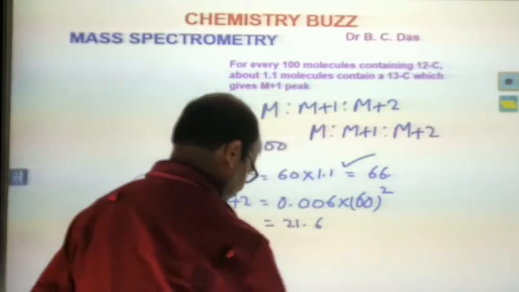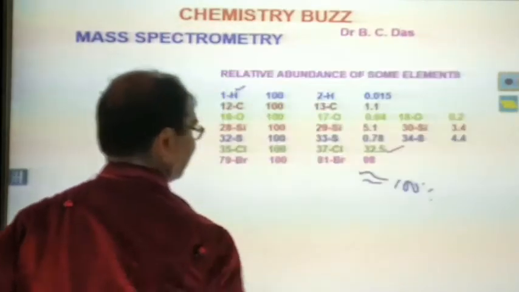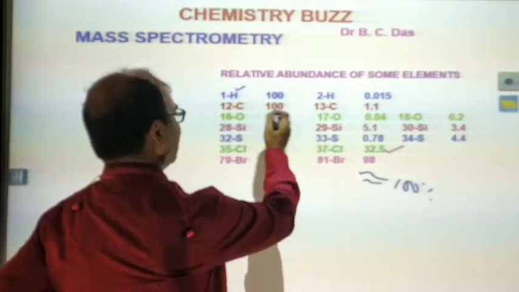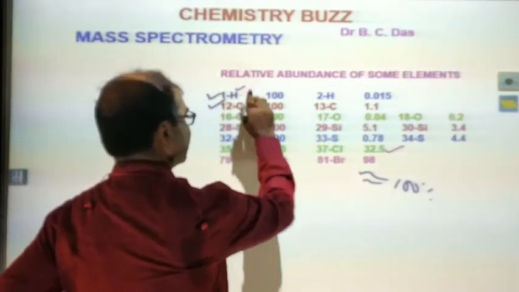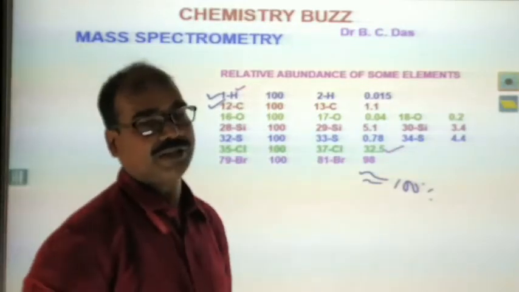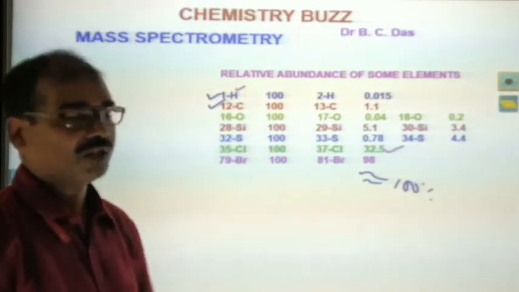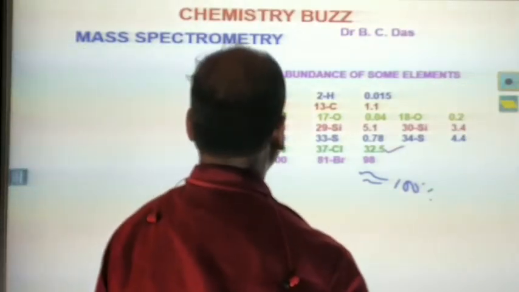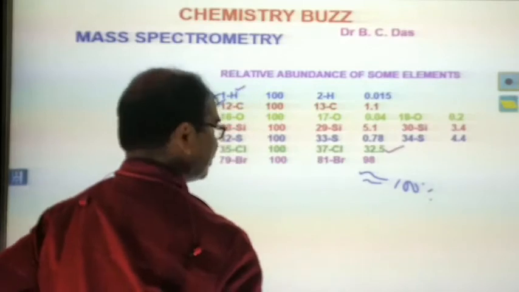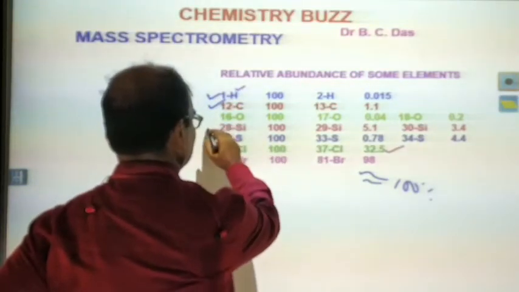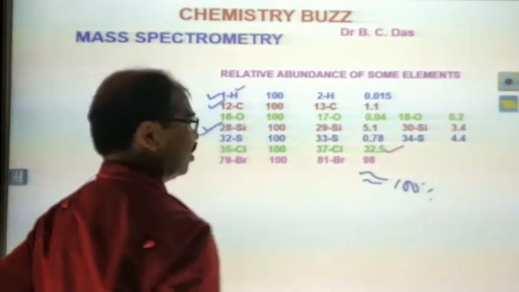We have taken the relative percentage of the isotopes for calculation of the peak intensity of the parent ion peak and molecular ion peak.